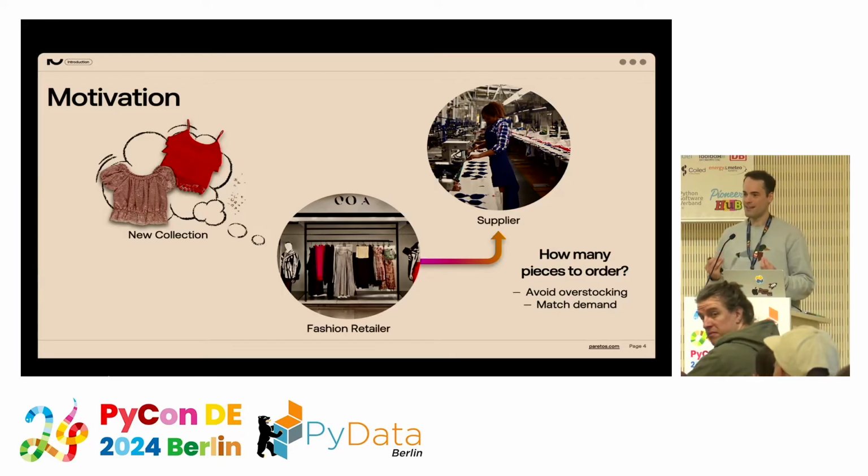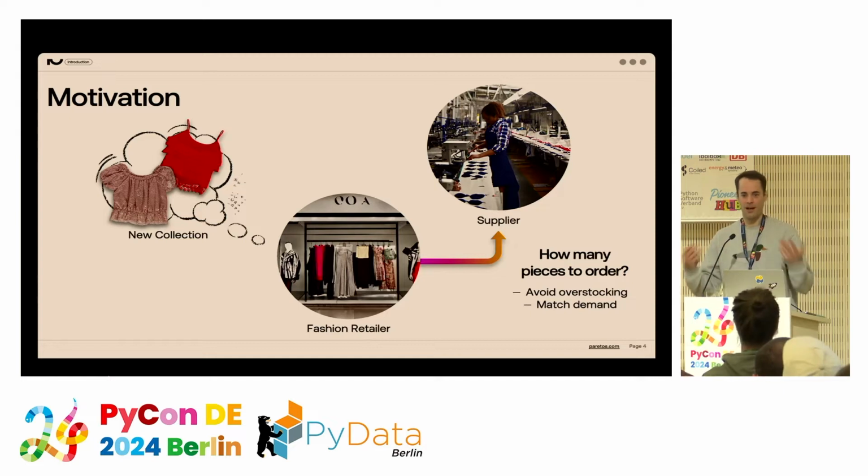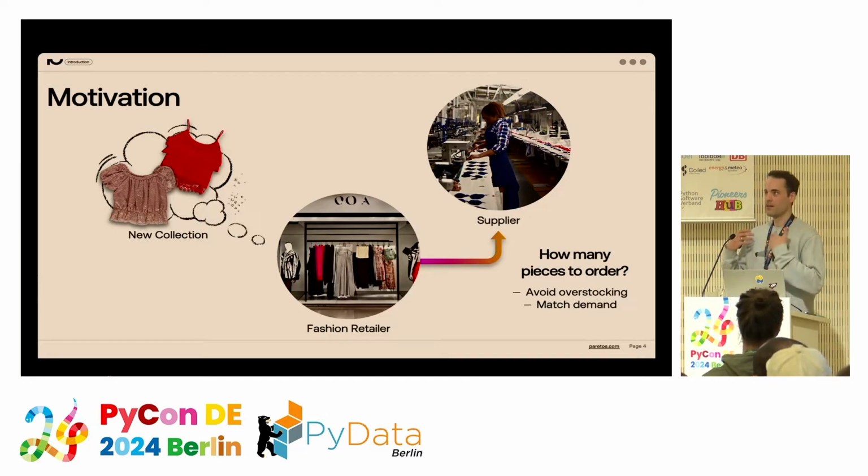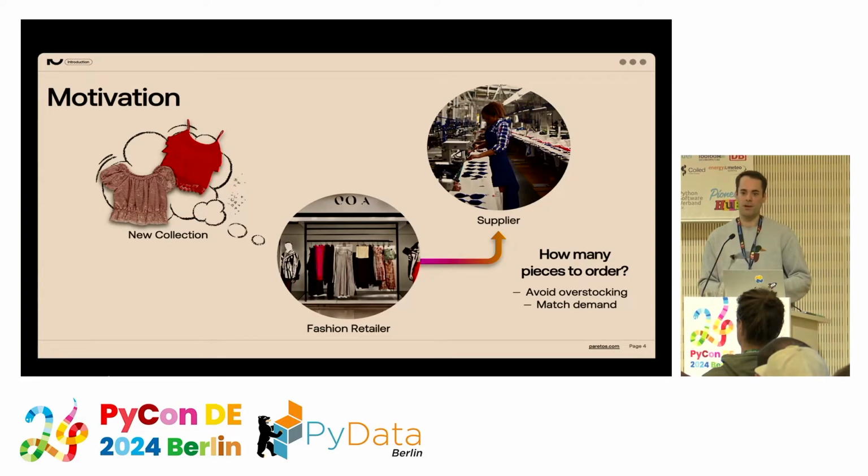What optimality means depends on your KPIs, your risk affinity, and what's important to your business. But having a good demand forecast, even for a new collection, is a very critical part of that process to look into the future.